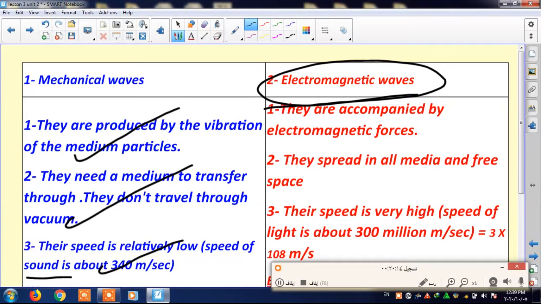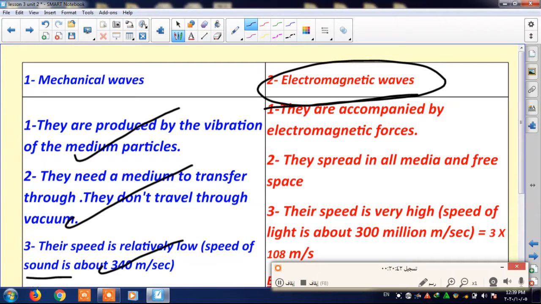What you can see, like the light wave. We can see the light of the sun, the light of a solar explosion, and the light of the stars in the sky. Although the distance between the earth and these stars is extremely long, the light wave, which is an electromagnetic wave, doesn't need a medium to propagate.